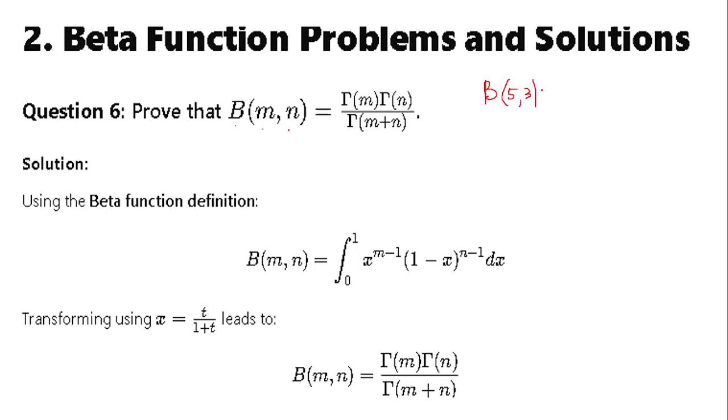Find this expression. This is equal to gamma of 5 times gamma of 3 all over gamma of 8. And we already know that gamma of 5 is 4 factorial. Yes, sir. Times 2 factorial over 7 factorial.